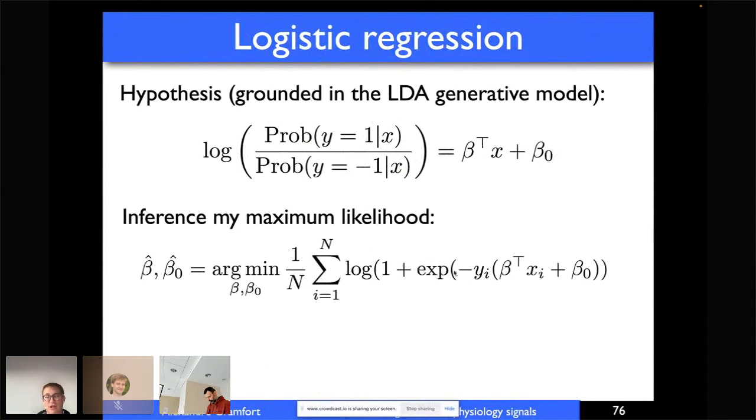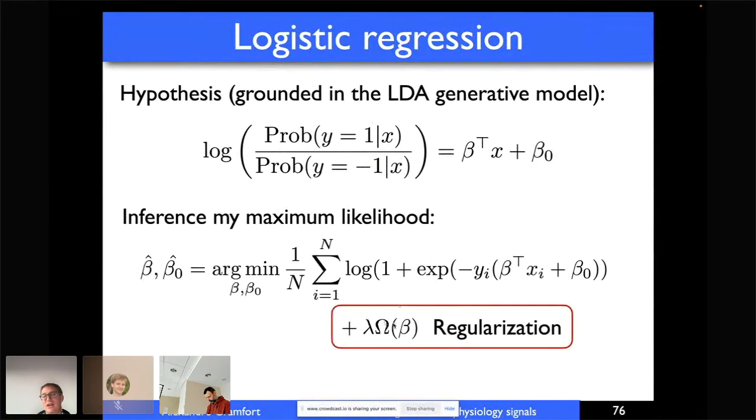And in practice, you will add a tiny bit of regularization, let's say an L2 or an L1 regularization. It doesn't really matter. What matters is that you have this linear form that gives you a loss, which is the log loss, and some kind of penalty.